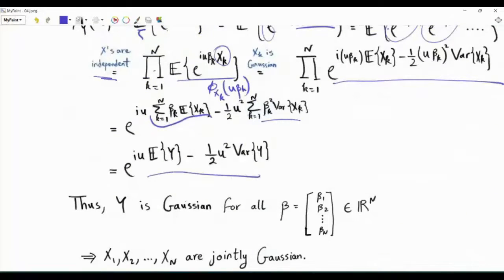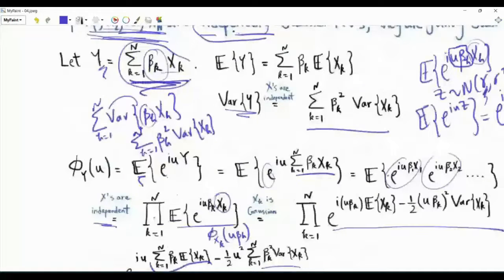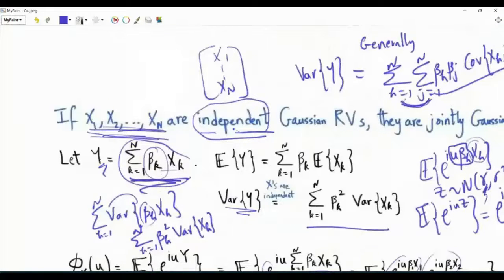And this looks exactly like the characteristic function of a Gaussian random variable. So y, which is a weighted sum of the x's, is always a Gaussian random variable, regardless of our choice of the betas. So it means that the x's are jointly Gaussian.